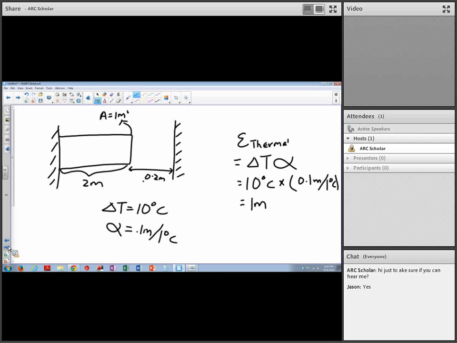So the next step you need to do is erase the wall and draw how it will look. So the total length of the bar will be 3 meters long.